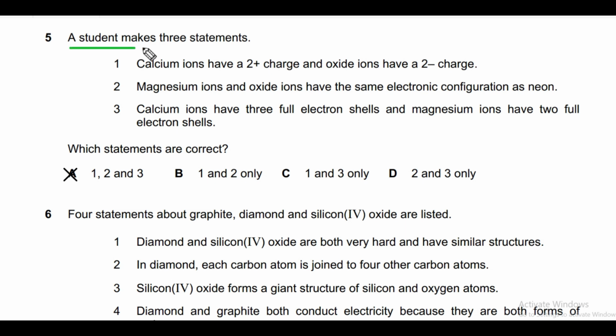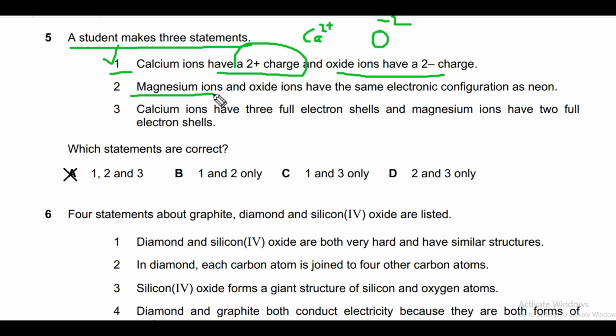A student makes 3 statements. Number 1, calcium ion has plus 2 charge and oxide ion has minus 2. Calcium is group 2, so calcium forms 2 positive ion. Oxygen is group 6, so oxide ion 2 negative is true. Number 2, magnesium ion and oxide ion have the same electronic configuration as neon.